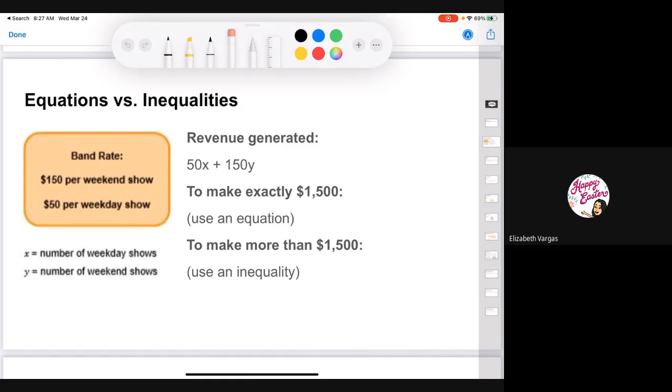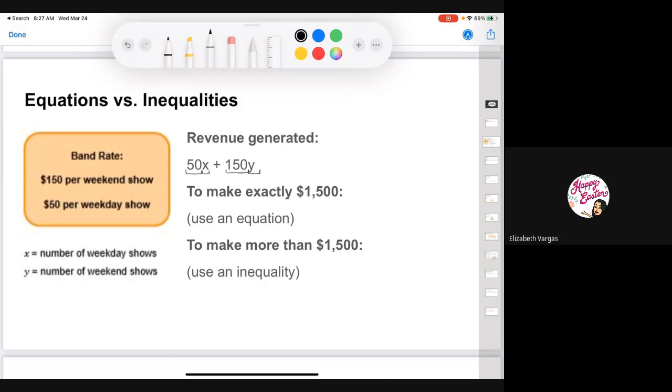If it's on the weekday, however, they charge $50 per show. X will represent the number of weekday shows and Y will represent the number of weekend shows. So here we have our equation, which is $50 for every weekday show and $150 for every weekend show.